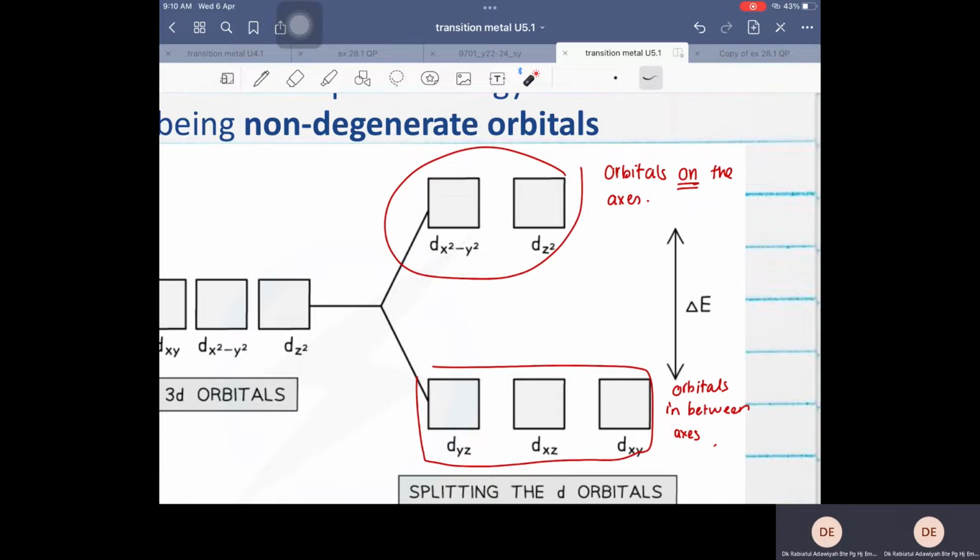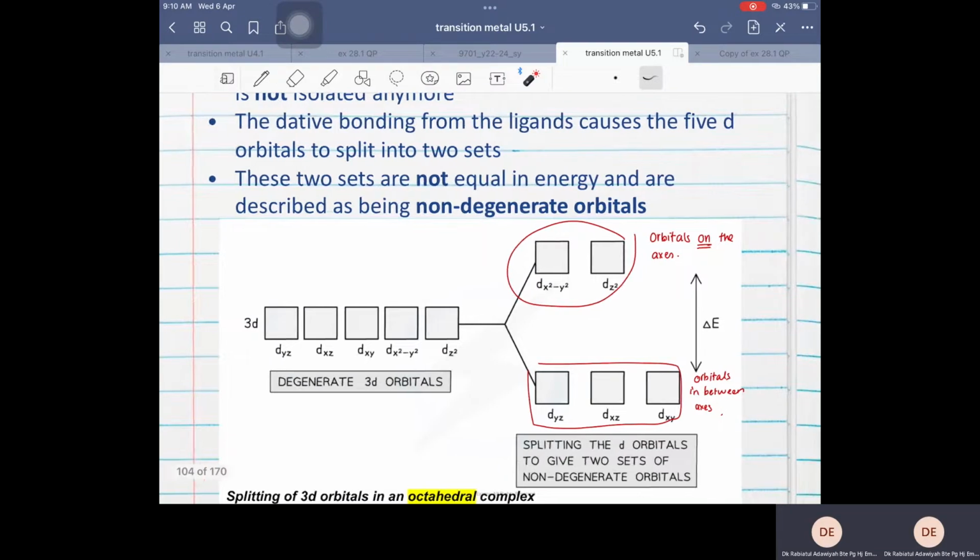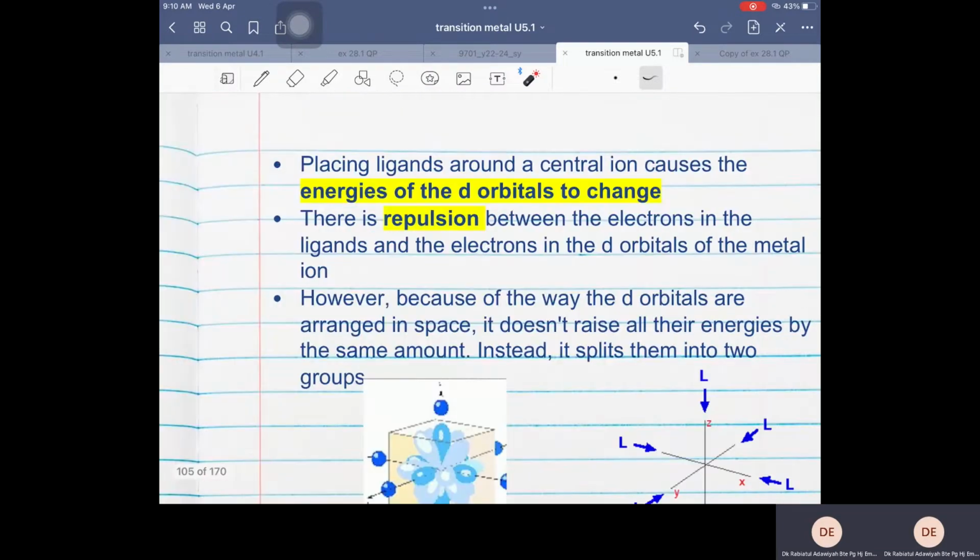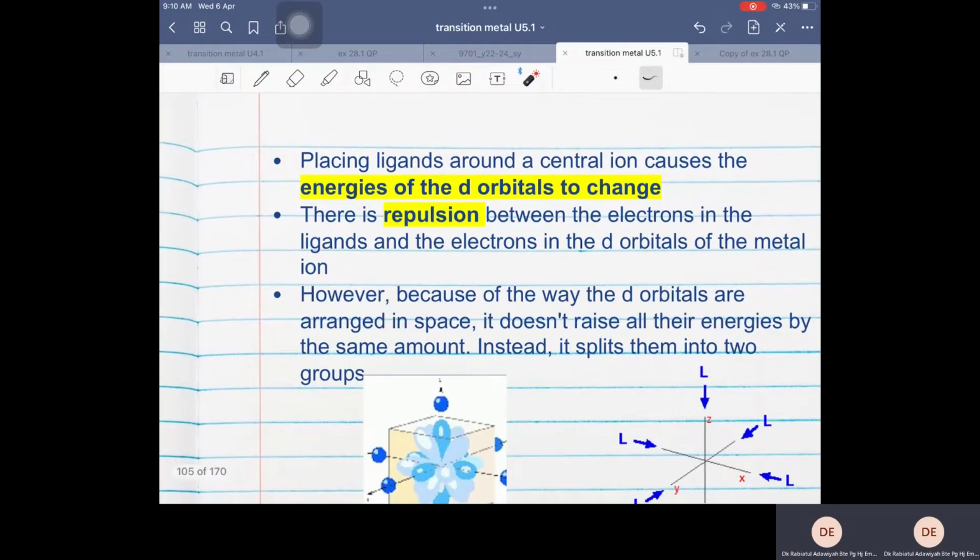Why is it that the orbitals that sit on the axis feel more repulsion? The idea is more repulsion, higher energy. Less repulsion, lower energy. Okay? Which is what you have also on page 16.